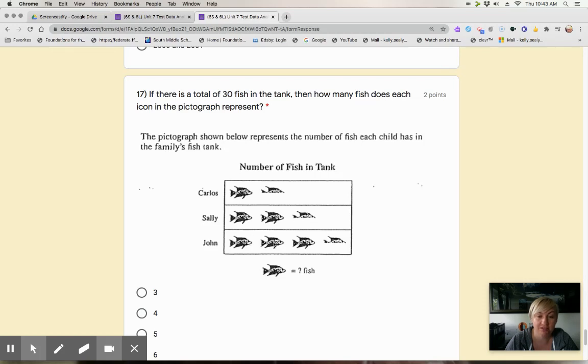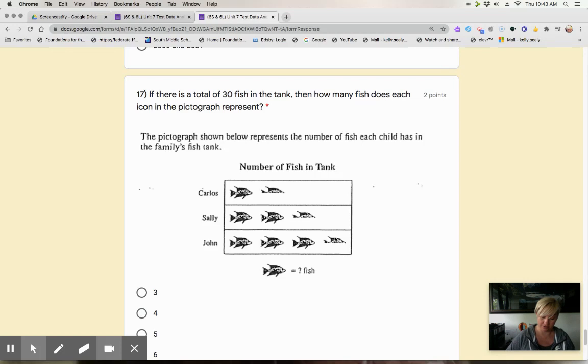Then 5, 6, 7.5. 7.5 is the number of icons, and 30 is the number of fish that represents. So I'm looking for the scale factor I need to multiply 7.5 by to get 30.